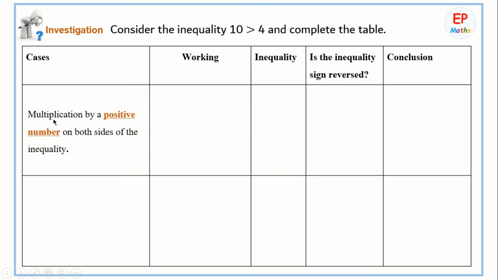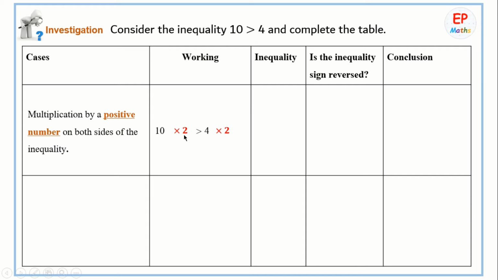In case 1, we look at multiplication by a positive number on both sides of the inequality. Now we have 10 is more than 4. Let us multiply both sides of the inequality by a positive number. Let's say positive 2.